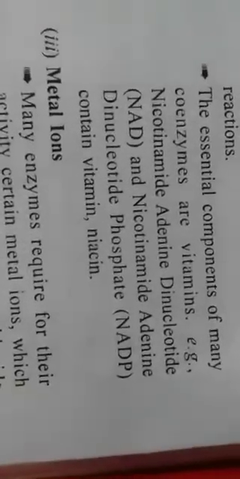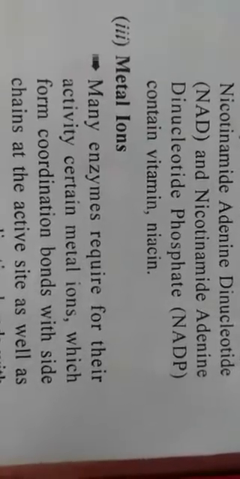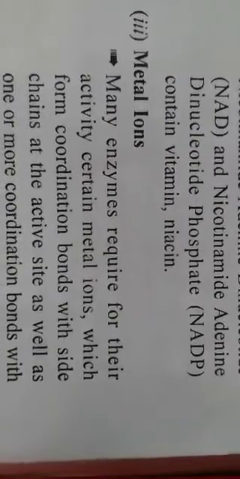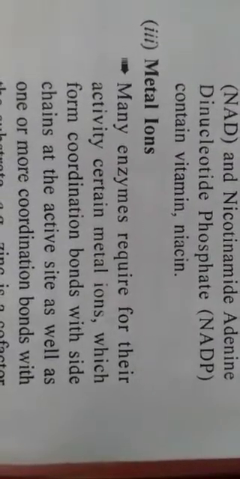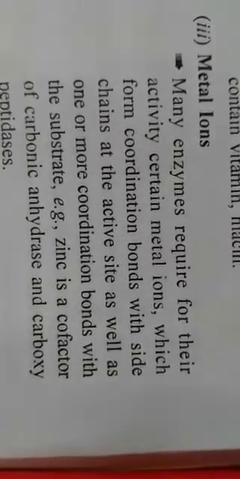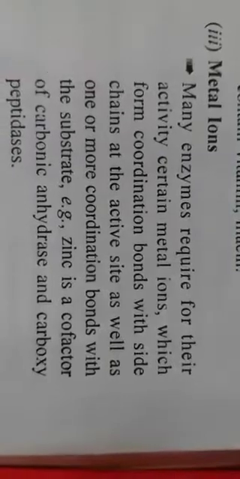Now, next, metal ions. Many enzymes require for their activity certain metal ions which form coordination bonds with side chains at the active site, as well as one or more coordination bonds with the substrate. Clear?